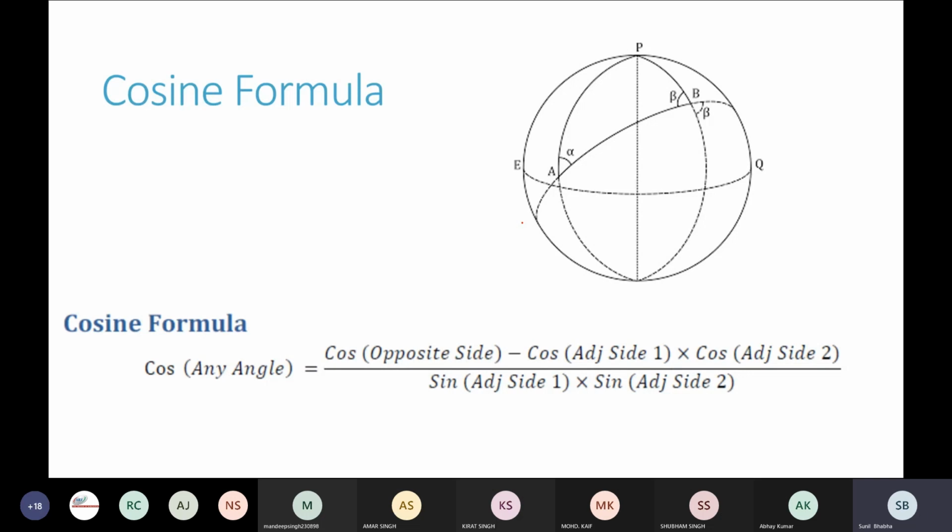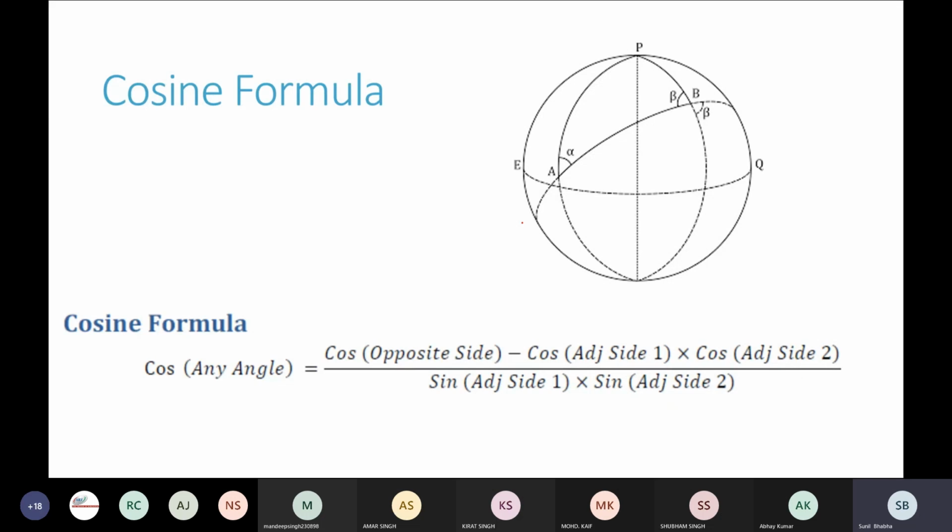The difference between a normal triangle or a plane triangle and a spherical triangle is that in plane triangle, the sides are measured in the units of length. Whereas in a spherical triangle, the sides are also measured in units of angle.